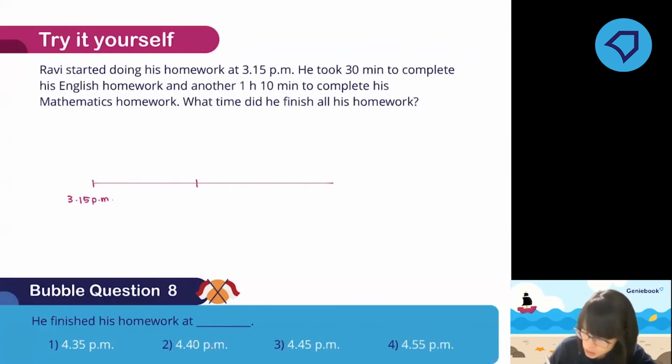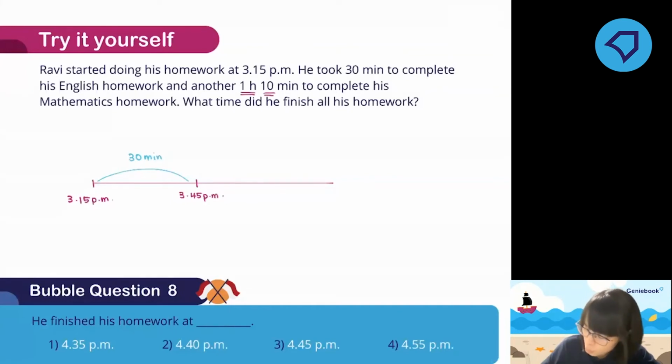So can you tell me from 3:15, 30 minutes later, what time would that be? 3:45. Yes, we have 3:45 p.m. And then it's going to take another 1 hour and 10 minutes. So let's do this.